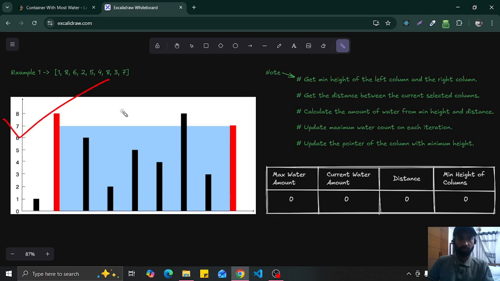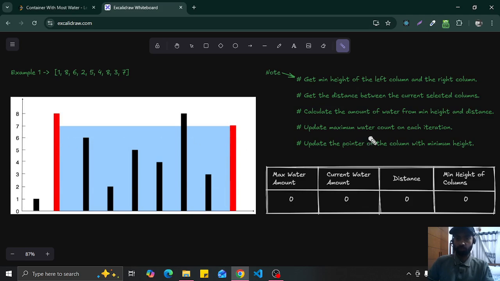So 7 into 7 is 49 units of water. So here we have recognized a pattern. We are always choosing the column with the lower height to get the water amount, and we also have to consider the distance between the two selected columns.